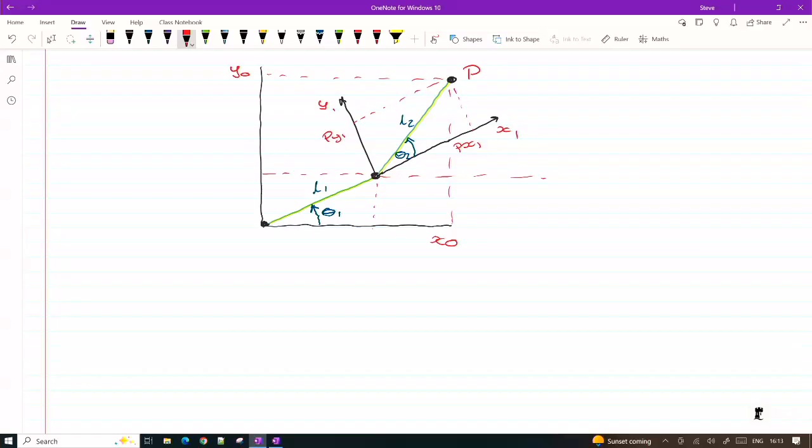Okay, and then I've just drawn on some dotted lines to represent the point P with respect to x0, y0, and we've also got the point P within its frame, with respect to x1, y1.